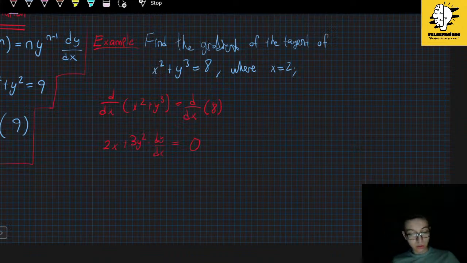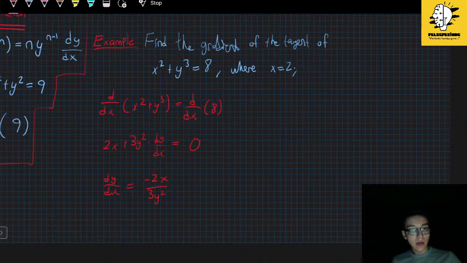Why 3y squared? Because we are acting just as if it was one of those x's, and times dy over dx, since it's not in the form of x. Then when we simplify this expression, dy over dx will be equal to negative 2x over 3y squared.